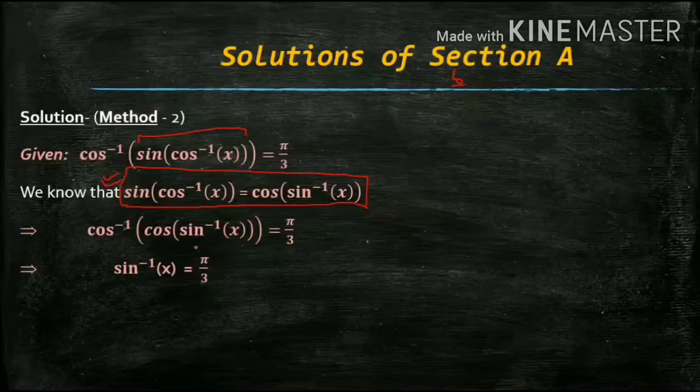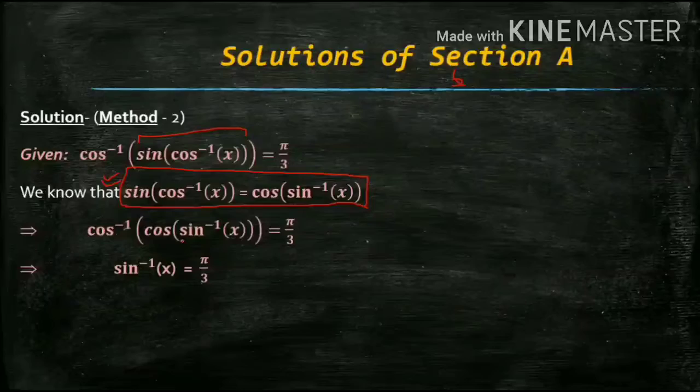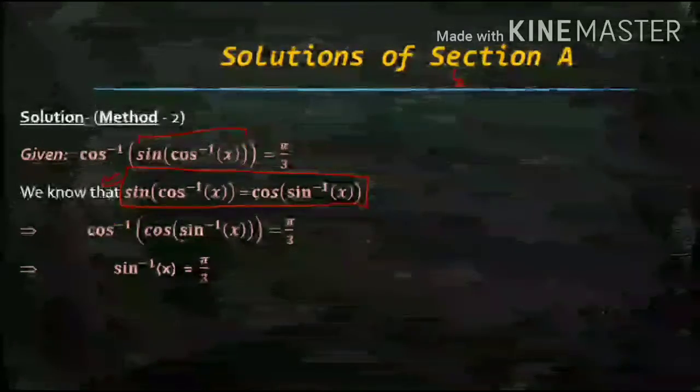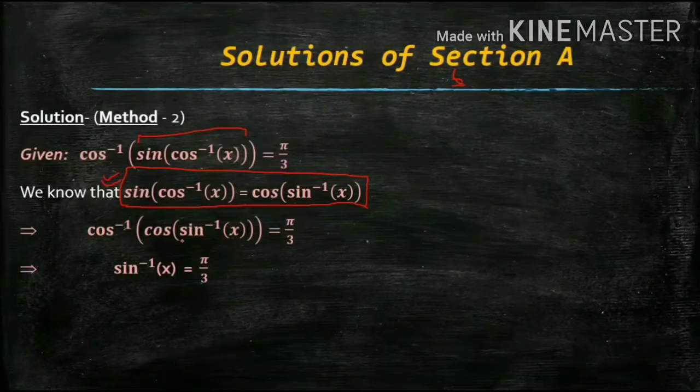Also, cos inverse of cos theta equals theta only when we have a restriction: it is never always equal to theta. The restriction is that theta must belong to the closed interval 0 comma pi.